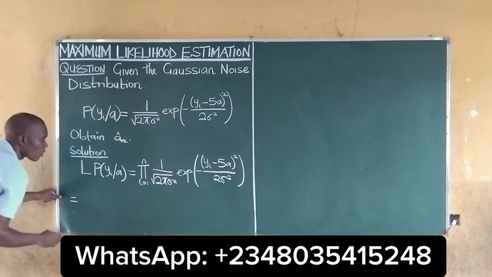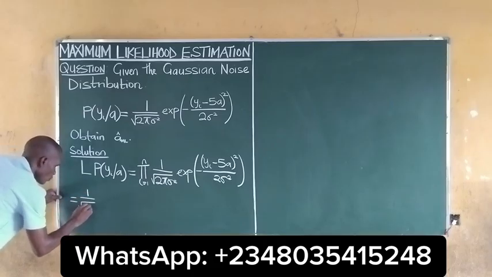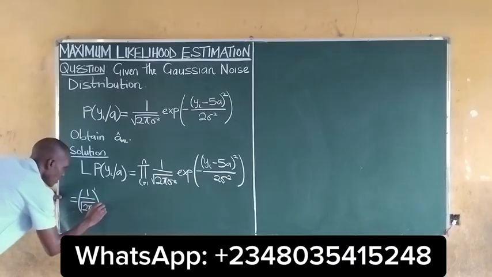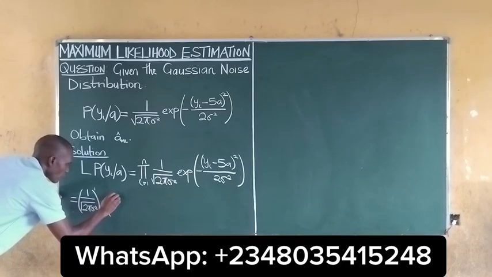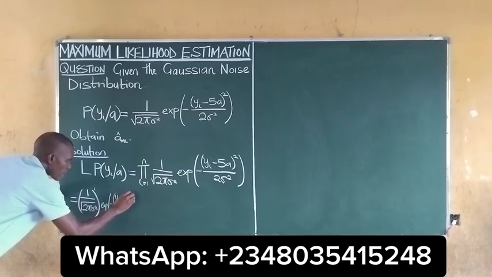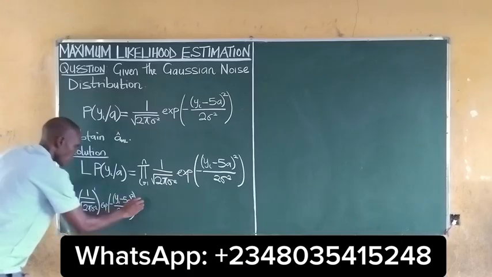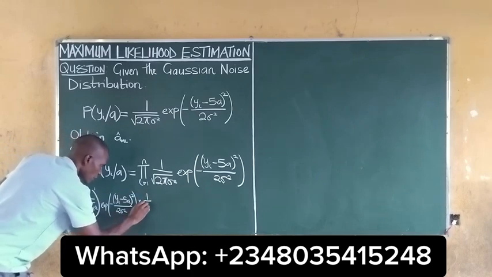The likelihood function will be equal to 1 all over square root of 2 pi sigma squared, exponential negative yi minus 5a raised to the power of 2 all over 2 sigma squared, multiplied by 1 all over square root of 2 pi sigma squared.